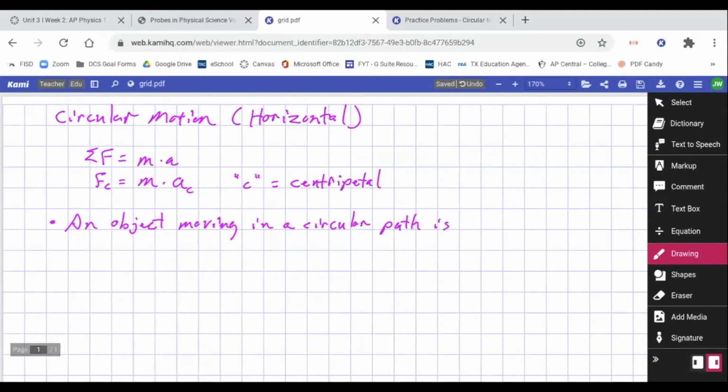That's pretty obvious, but stick with me. If I misspelled something, I'm sorry. There's no spell check when you write on the screen. Is continuously changing direction, and therefore, it is accelerating.